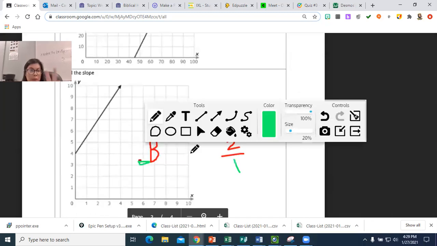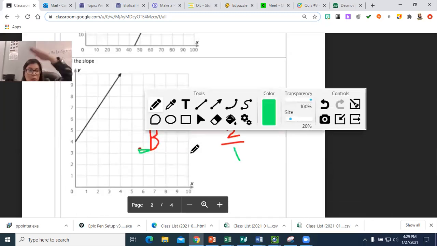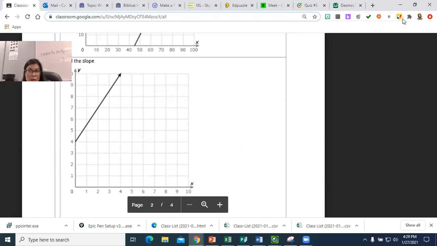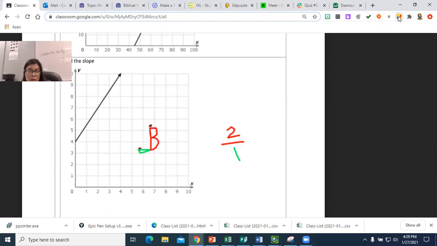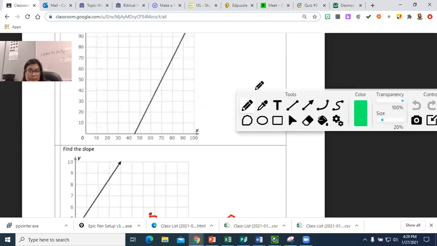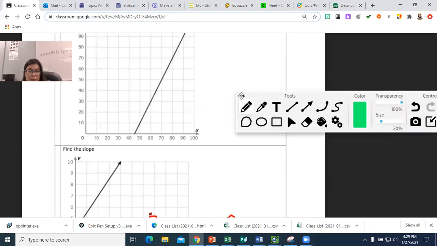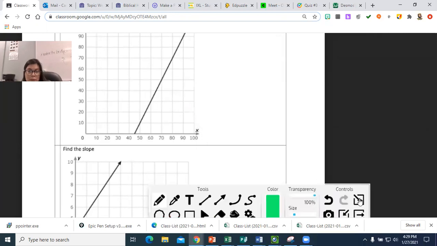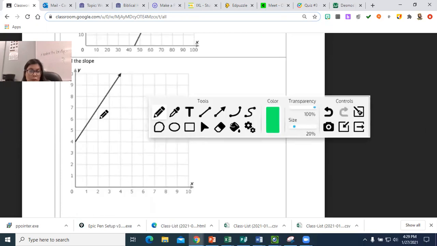Okay, I'm going to do the same thing. I'm going to pick 2 points, count how many it's rising. That's the top number over the run. Okay, so let's pick 2 points.